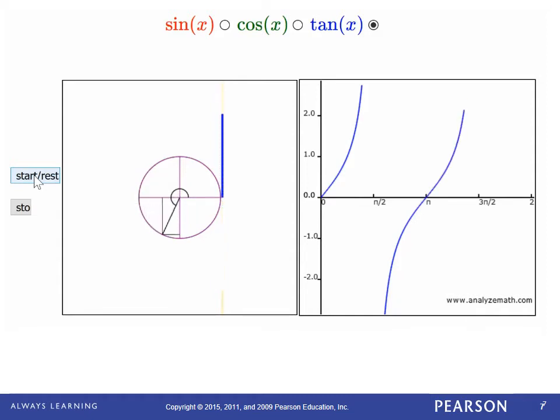So again, remember, the tangent function is the ratio of the y-coordinate to the x-coordinate. So notice over here, the y-coordinate gets bigger, the x-coordinate gets smaller. So what does a graph look like? It goes like this. It goes off to positive infinity, then it goes off to negative infinity.